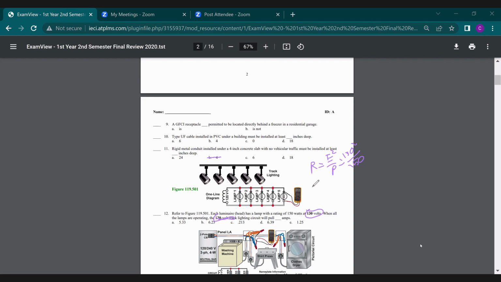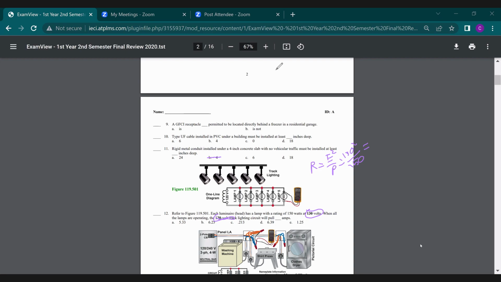Once you find this resistance, then you can throw away the nameplate. So 130 squared divided by 150, what'd you all get? Those are wildly different.